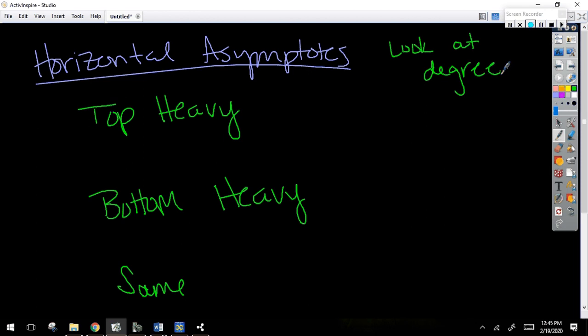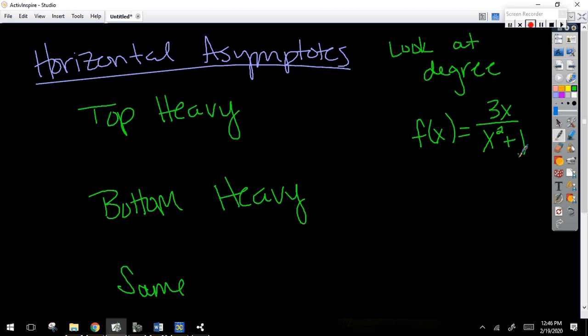So this is really when I'm talking about a fraction, okay? Like my equation is in a fraction. For example, f of x equals 3x over x squared plus 1. So before I can look at that, I guess we need to make sure everybody knows what degree means. What does degree mean? It's the power, the biggest power there.